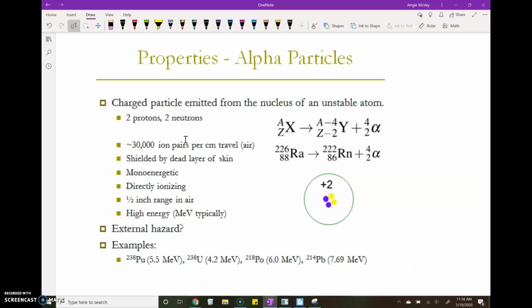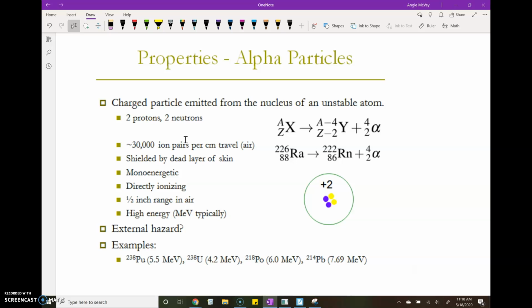They have one single energy, their energy is quantized, which is interesting. And they are directly ionizing. They hit air particles, other atoms or molecules, and can ionize them directly. And really, they don't travel very far. They have a 1/2 inch range in air, but they're pretty high energy.